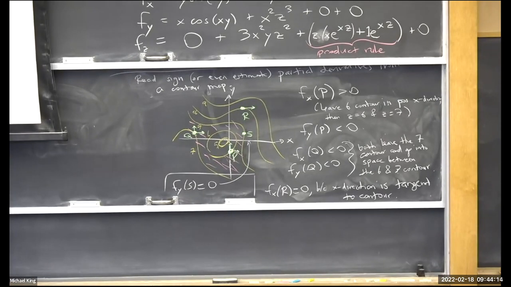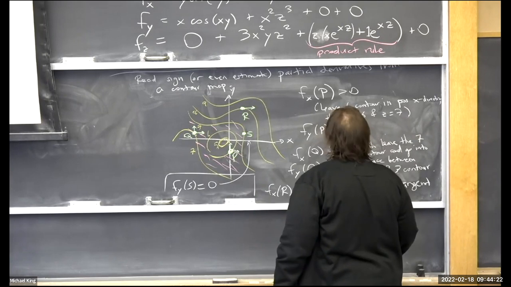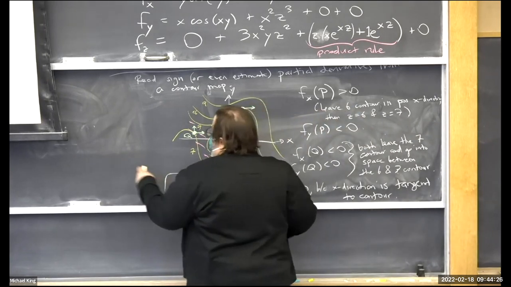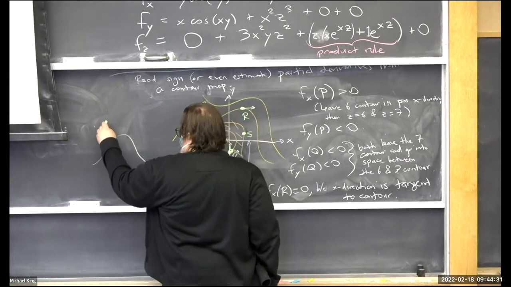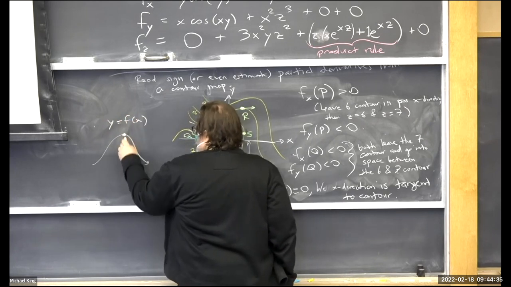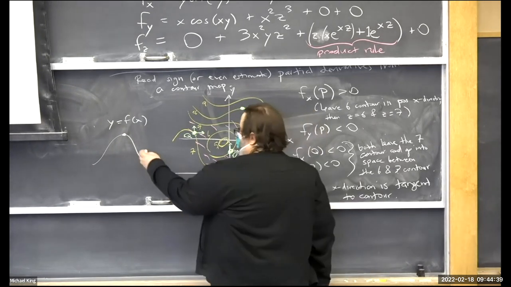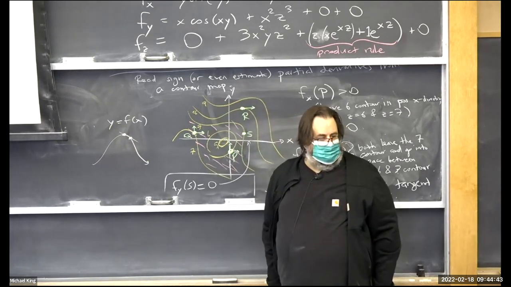Actually, it's a good question though, because if you think about the single variable calculus picture, let's do it right here. If you're on a curve, and now I'm just talking about y equals f of x, and you're at this point, the derivative is 0, right? But if you actually computed an average rate of change and picked 2 points, the derivative is negative.